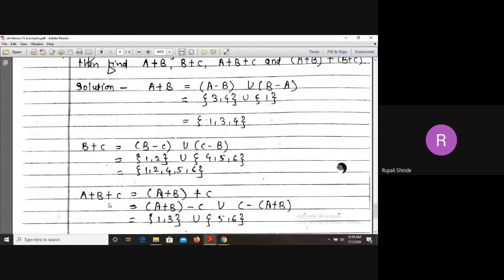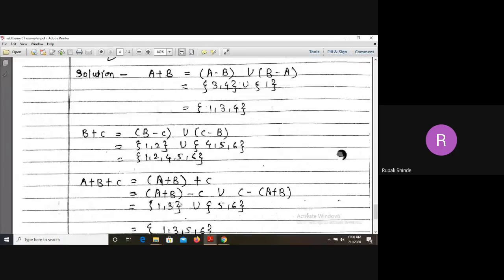Okay. So here 3 sets are given. So we have to first finalize the value for A plus B. Then we are going to solve this plus operation with the second set C. Okay. Now A plus B plus C. So here we have to apply the definition for Boolean sum.